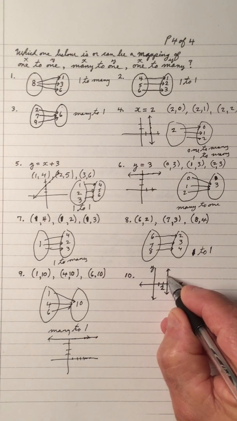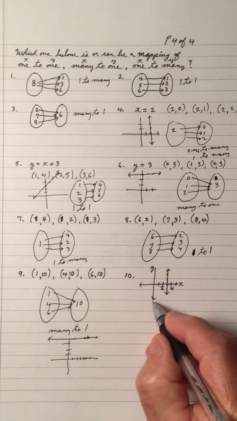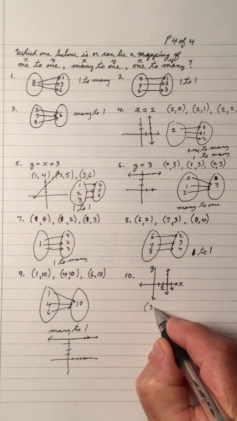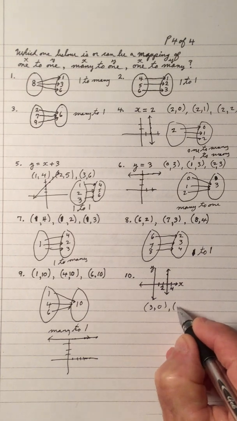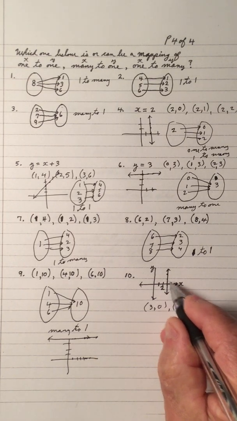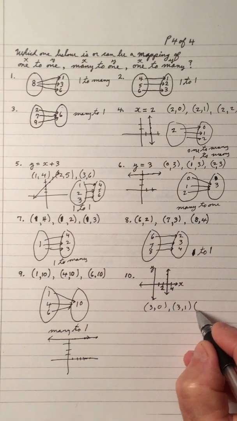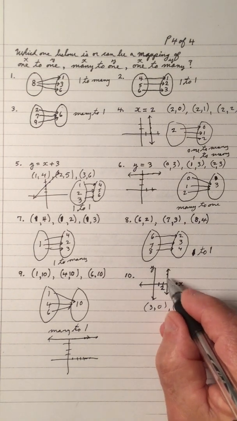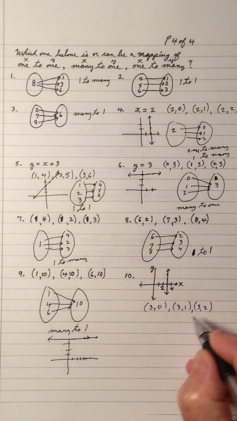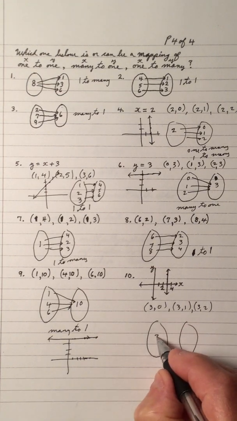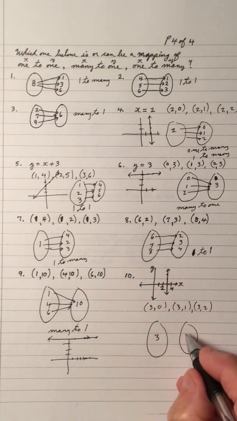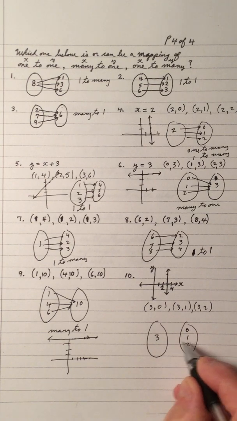All points on this line are 3. So I see x is 3, y is 0. X is 3, y is 1. X is 3, y is 2, and so on. So if we do a mapping, x is 3, and y is 0, 1, and 2.